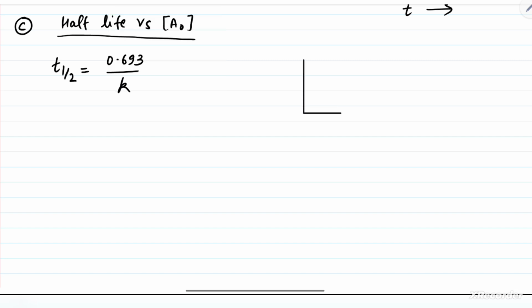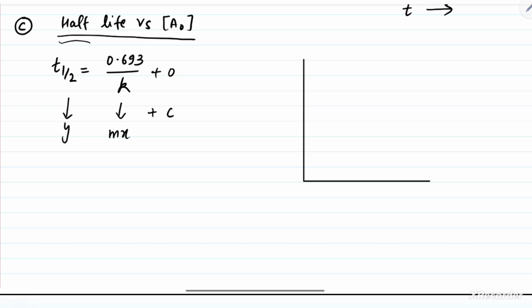0.693 by K. So again, if I compare this with y equals mx plus c, the value of c is 0. But see, this is T half and this is A naught, and in the expression of T half and rate constant, there is no term of A naught.